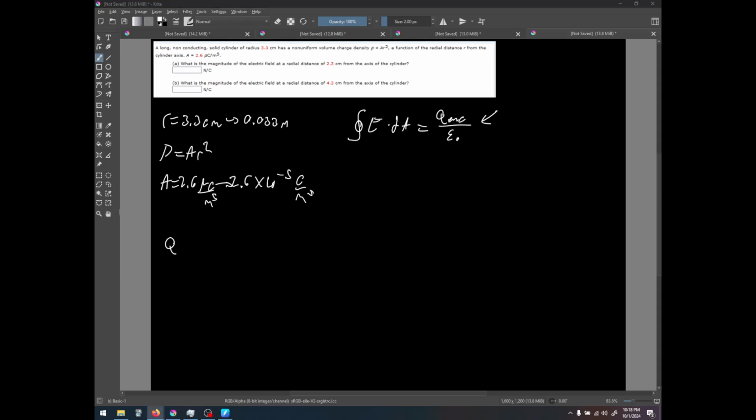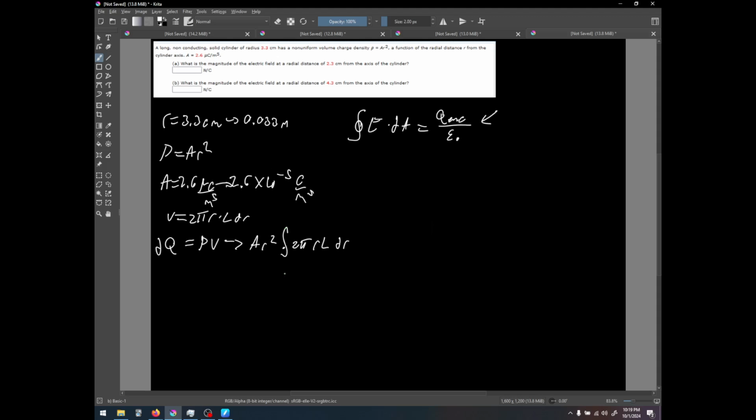Q equals rho times V, and the volume he had was 2 pi r L dr. So now we've got Q. Well, I can just do this: A r squared times 2 pi r L dr. Now if that's dr, this is dq. Is this where you put the integral? And if so, why?